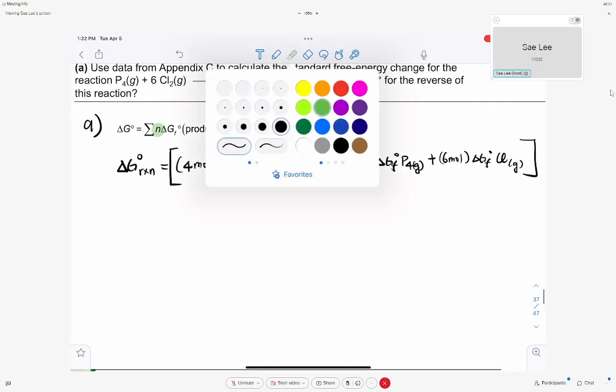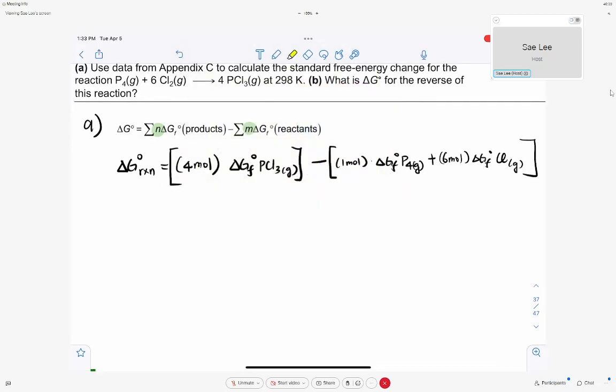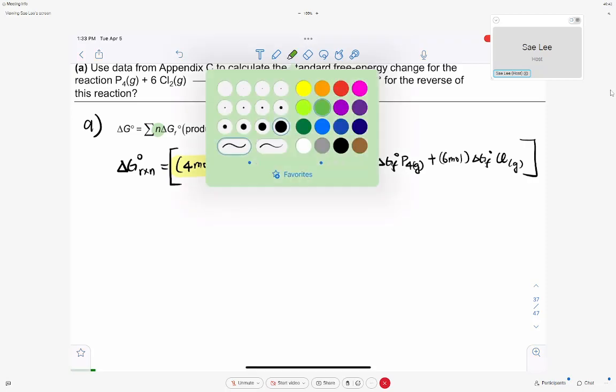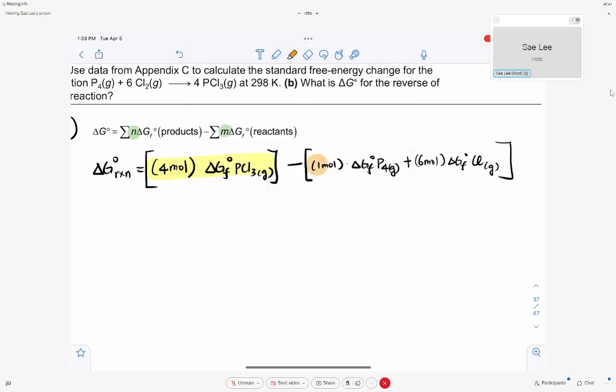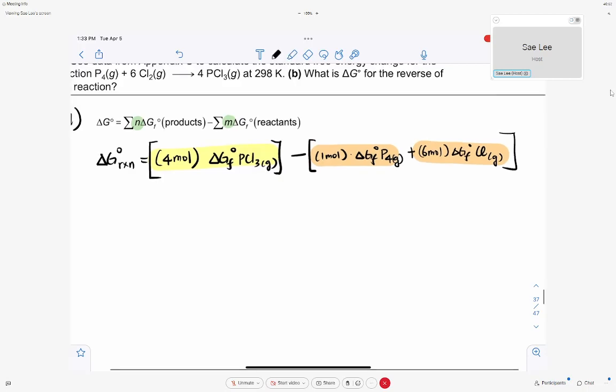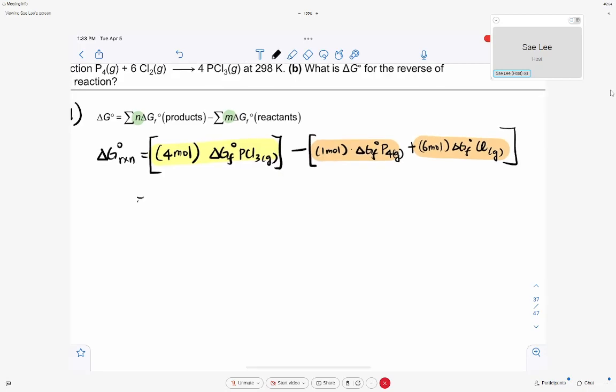So this is the product portion, and this is the reactant portion. These values you can find in the back of Appendix C.